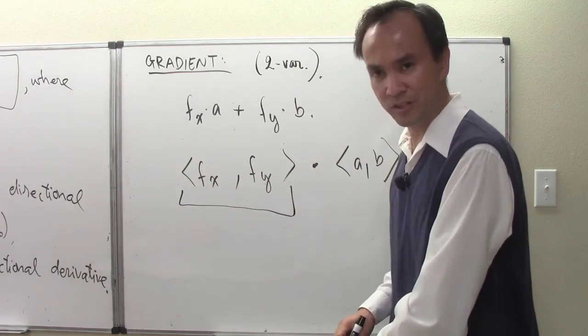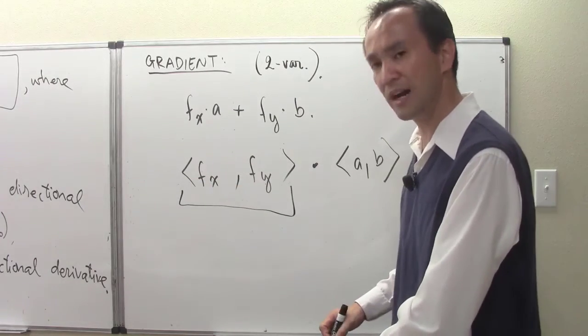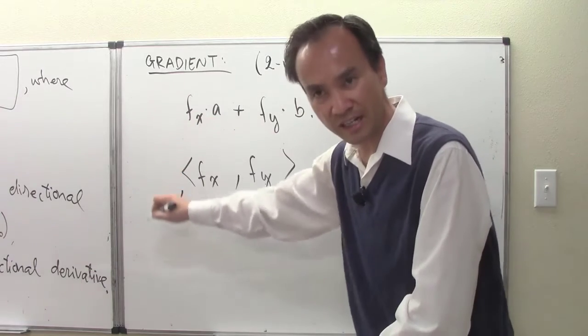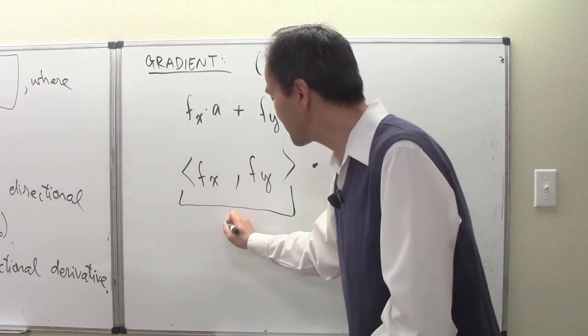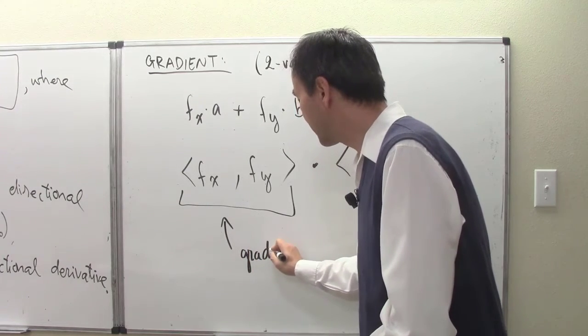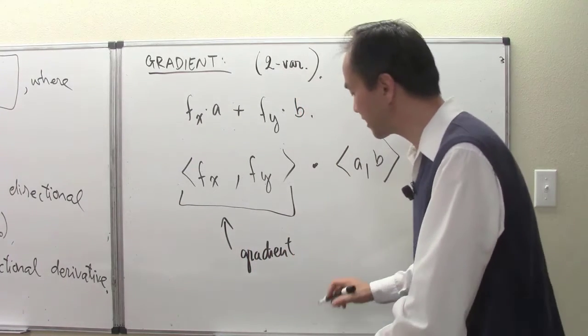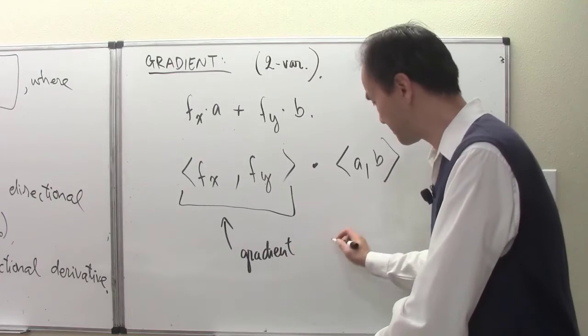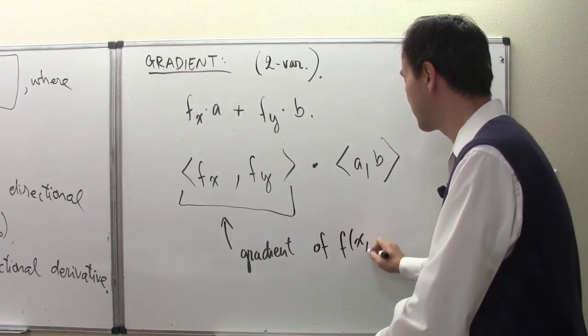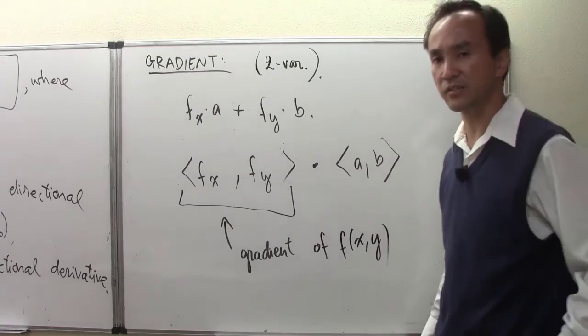Ladies and gentlemen, this vector right here, we recognize that and we now purposely define it. This vector is called the gradient. Of course, it's a vector already. It's the gradient of the function f, the gradient vector.